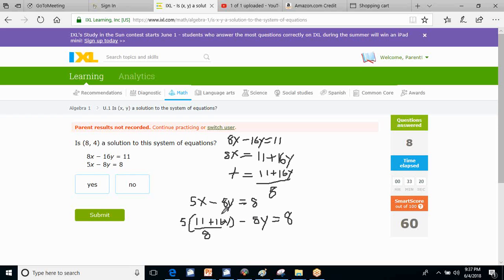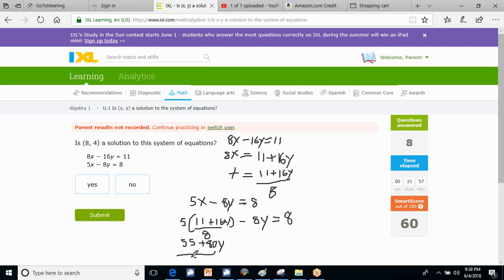To simplify this, you multiply the top and you just leave the bottom. So you're going to get 55, and then 5 times 16 is 80. So that's plus 80y, but it's over 8.